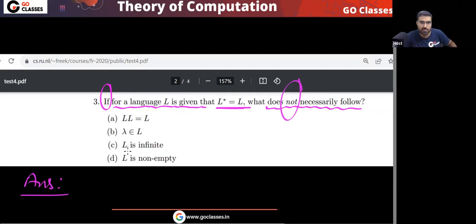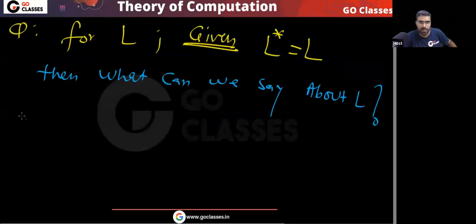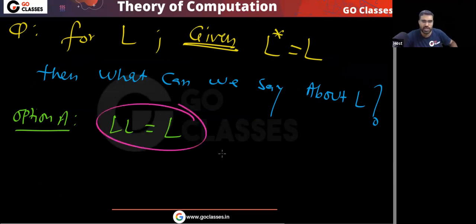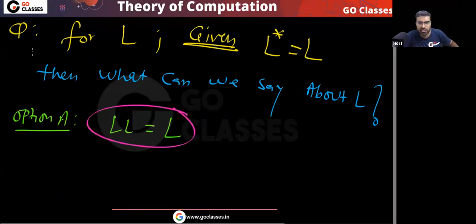Why? Option A is saying that LL will be equal to L. How can you prove that this will definitely happen?